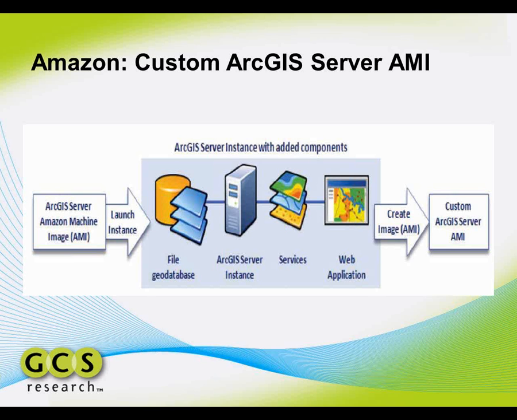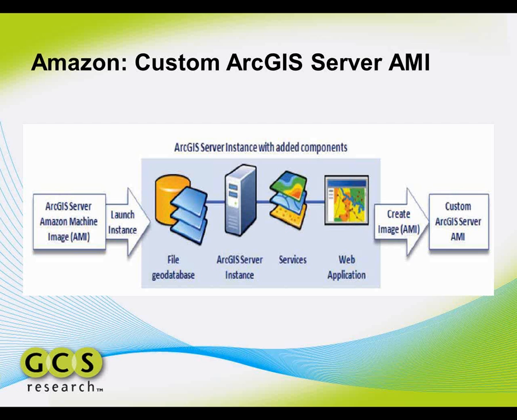You would spin up, provision one of these AMIs, maybe one that already has ArcGIS Server installed on it, and then you would put your own custom applications, your own COTS software, data, and then set up your web applications. And then you would have your own custom AMI, which you can scale and provision and run in the cloud.